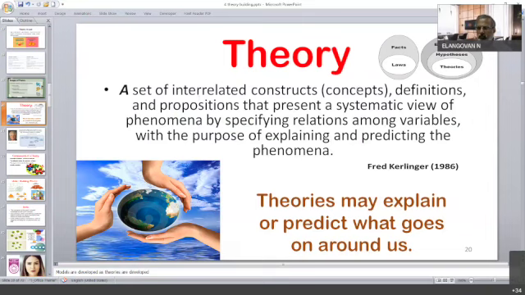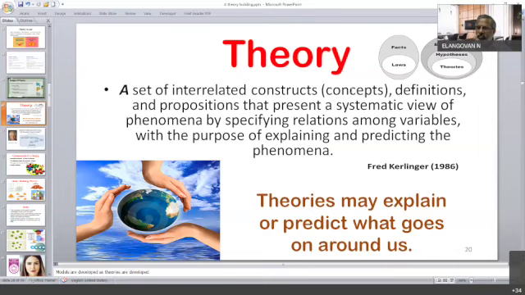A theory is a kind of statement, and a concept is a word of a sentence. Concepts are the smallest pieces of the knowledge of this world, and when two concepts are connected, a theory is formed. So a theory is interrelated constructs.